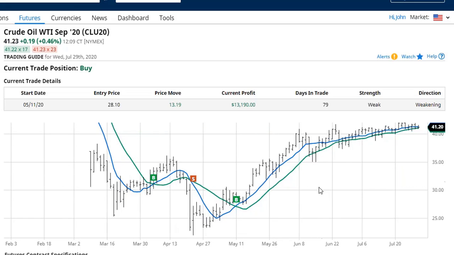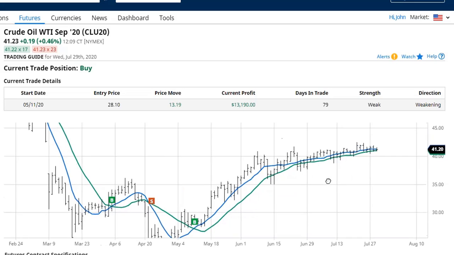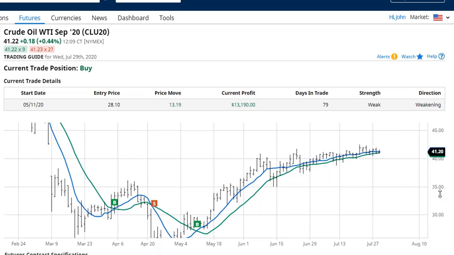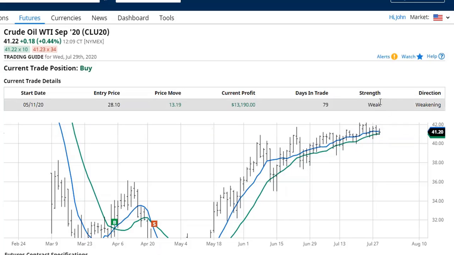Now, the initial part of this uptrend was pretty strong, but in recent weeks, we can see that the momentum of our trend has kind of slowed, right? And that's what I wanted to point out up here. Here we can see the strength of our trend, as it looks at the current strength of this trend as it has been over the last year.